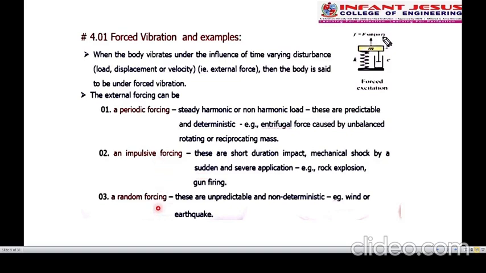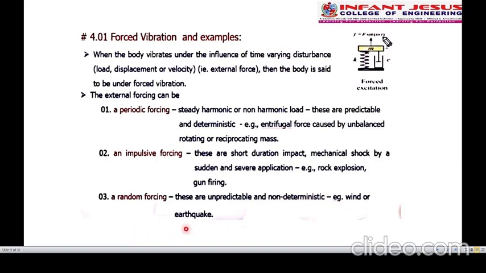The third one is random forcing. Random means it is not predictable. It occurs unknowingly; we don't know when it will occur. It is non-deterministic, meaning we cannot measure it correctly. Examples are wind or earthquake.